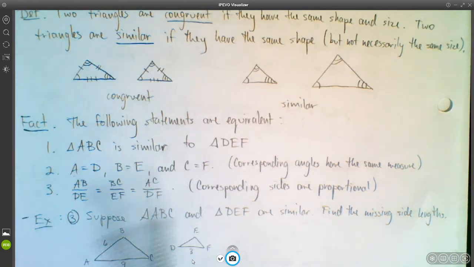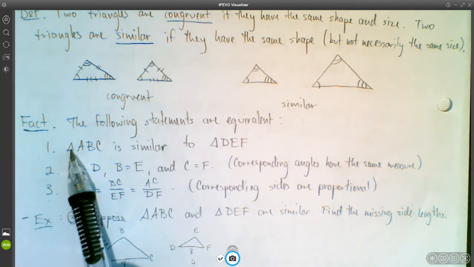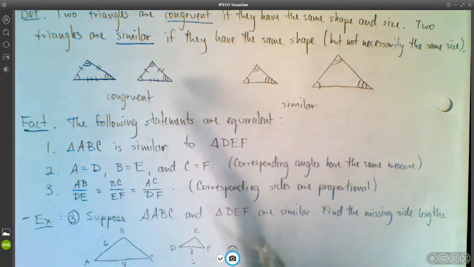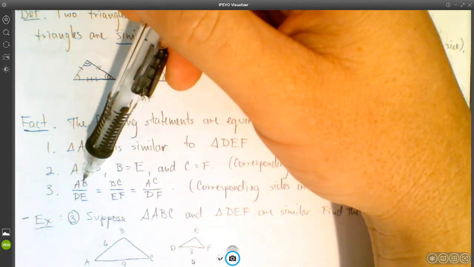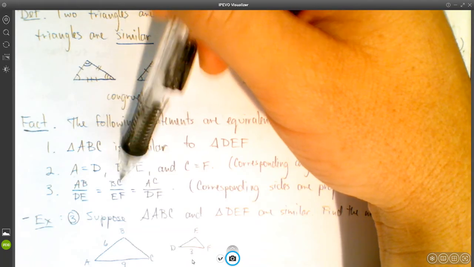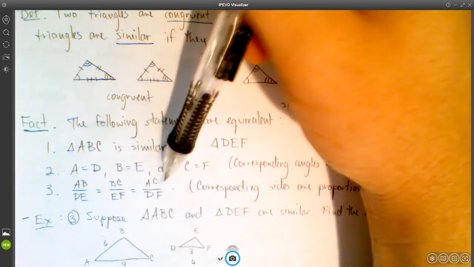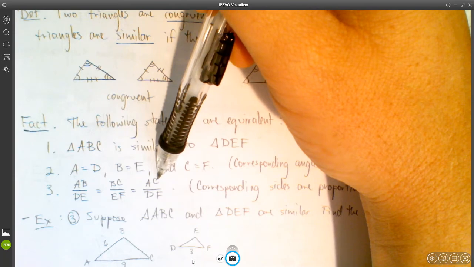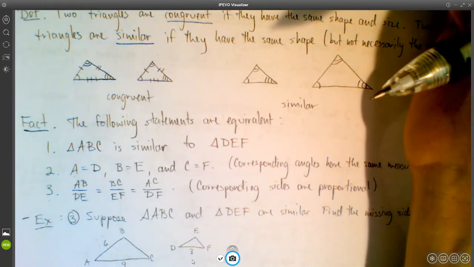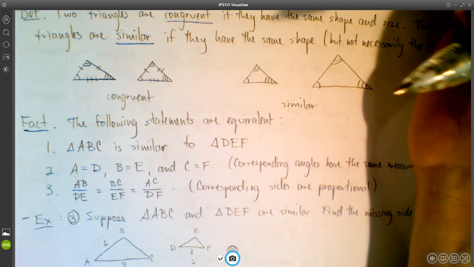But then the big statement is statement 3, which is a very interesting and useful statement, right? So another way to say the same thing as statements 1 and 2 is to say that corresponding sides are proportional. So the ratio of side AB to side DE is the same as the ratio of side BC to side EF, and that's the same thing as the ratio of side AC to side DF. Okay?